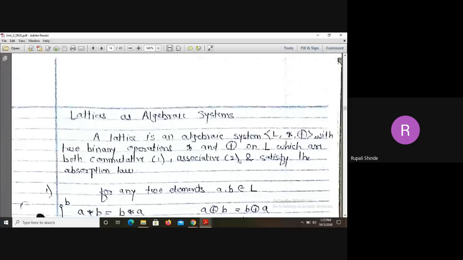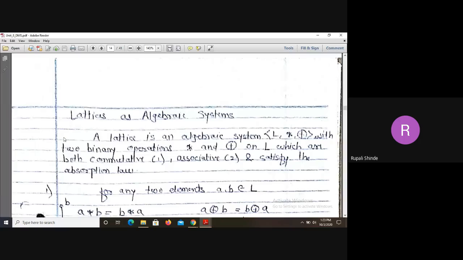Now, today we have to start with the next point, that is lattices as algebraic systems. A lattice is an algebraic system denoted by (L, *, ⊕) with two binary operations star and XOR on L, which are both commutative, associative and satisfy absorption law.